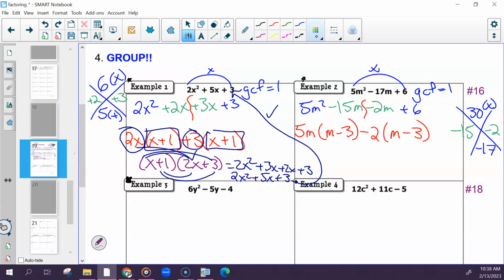Then what would those final factors be? Minus 3 is one of them, and 5m minus 2.